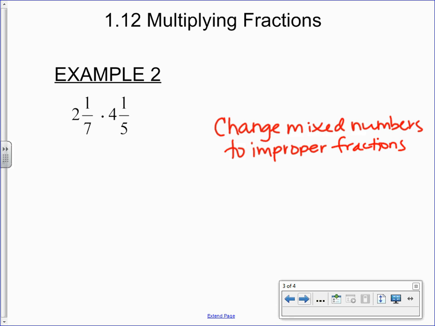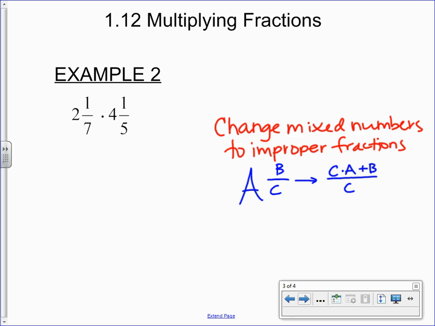I'm not sure if you recall doing this, but you have a whole number and then you have a fraction. In order to change that into an improper fraction, you're going to multiply c times a and add b on top, and your denominator stays c.